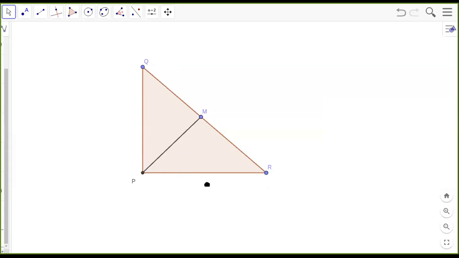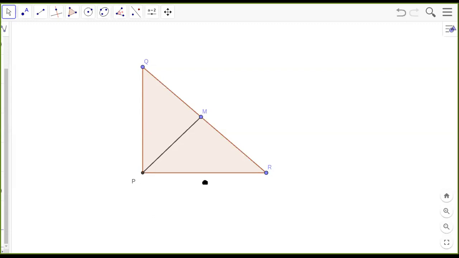So once the perpendicular is drawn and I have two more smaller triangles formed, I know triangle PQM, the triangle at the bottom, is similar to RPM. So these two smaller triangles, can you see the order in which I have taken? I have taken P, Q, M and R, P, M. That is the order in which I have to take it.